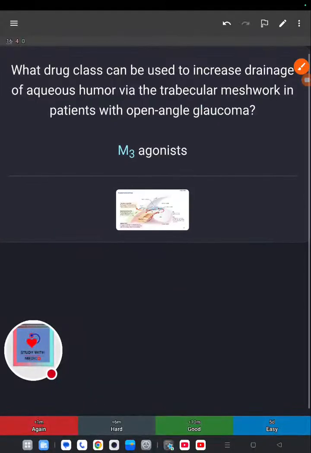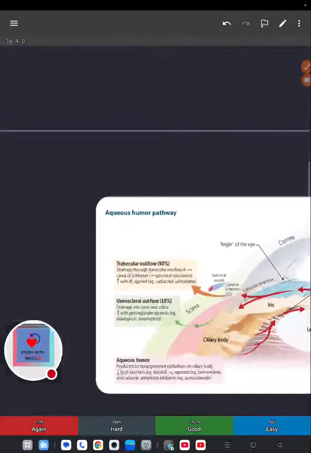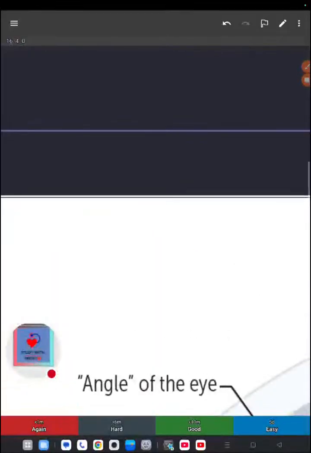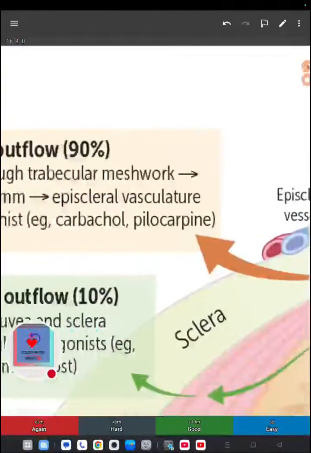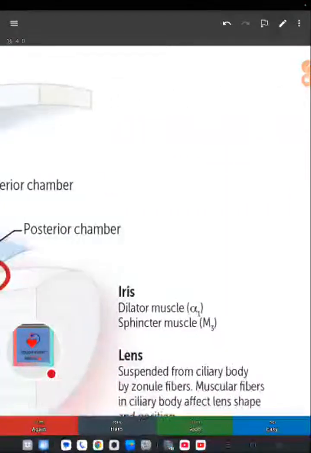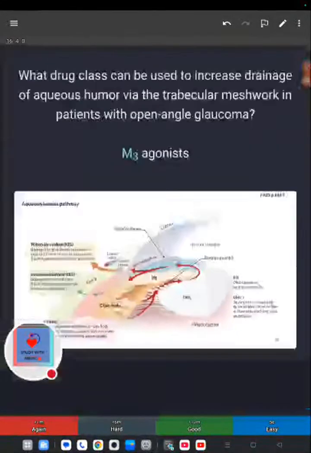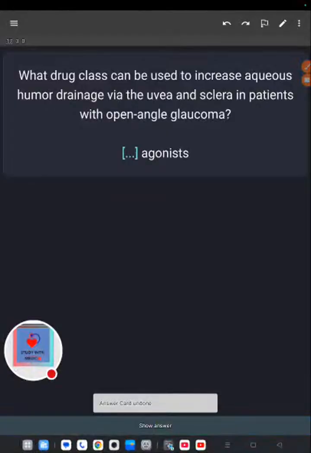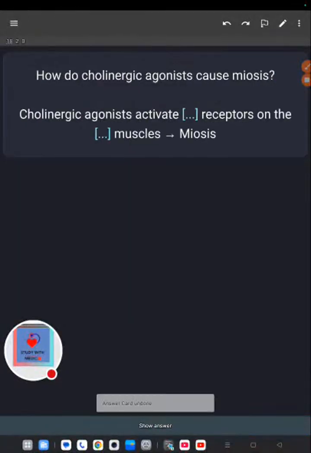You need an M3 agonist: carbachol and pilocarpine. And here M3, increasing concentration.